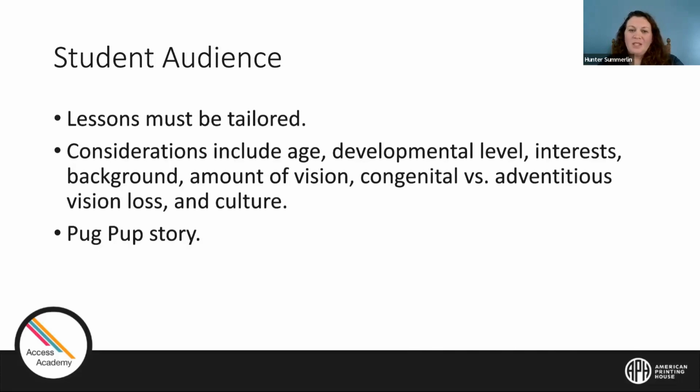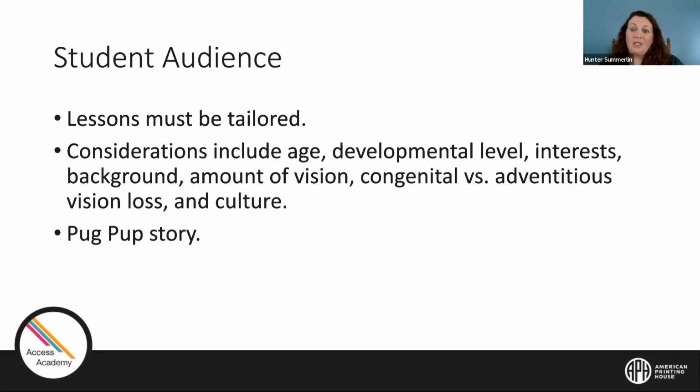Congenital versus adventitious vision loss is a factor in planning our instruction for a student audience when we're thinking about Braille literacy. So our congenitally blind students will have a different experience than our adventitiously blind students.